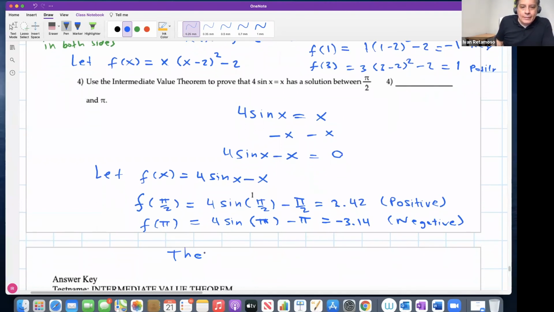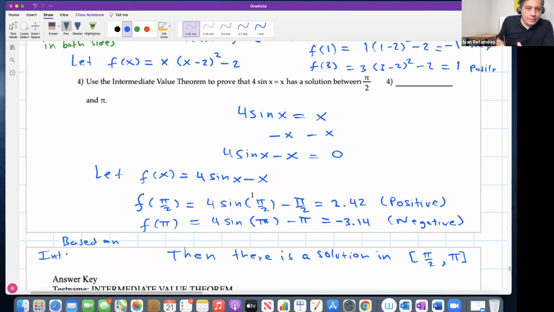Then there is a solution, based on the intermediate value theorem. Solution in this interval from pi over 2 to pi, based on intermediate value theorem.